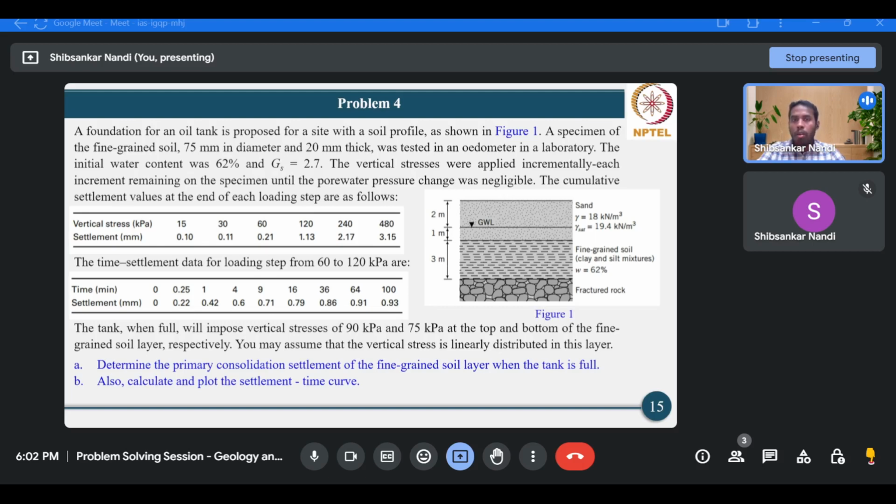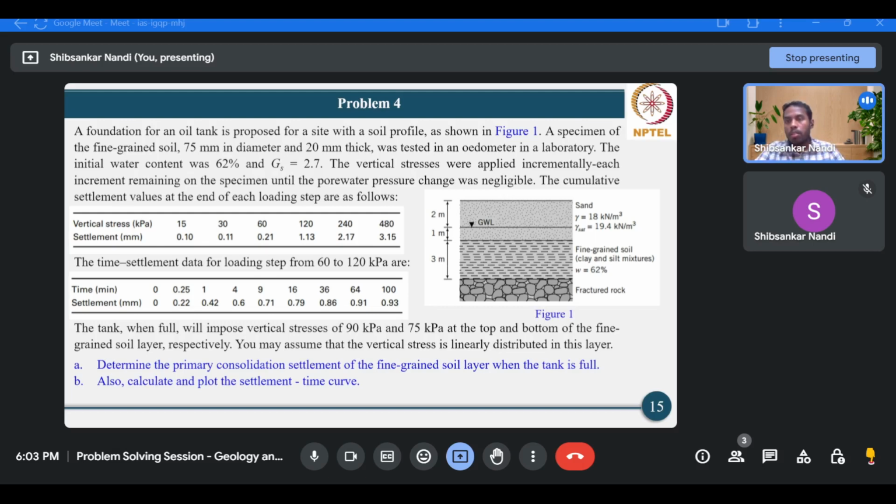Then it will also help us demonstrate how to calculate the time settlement plot. From the practicality point of view, as a practicing engineer, this problem is very essential. So please be very careful about each and every step involved in solving this problem. First let me read the problem.